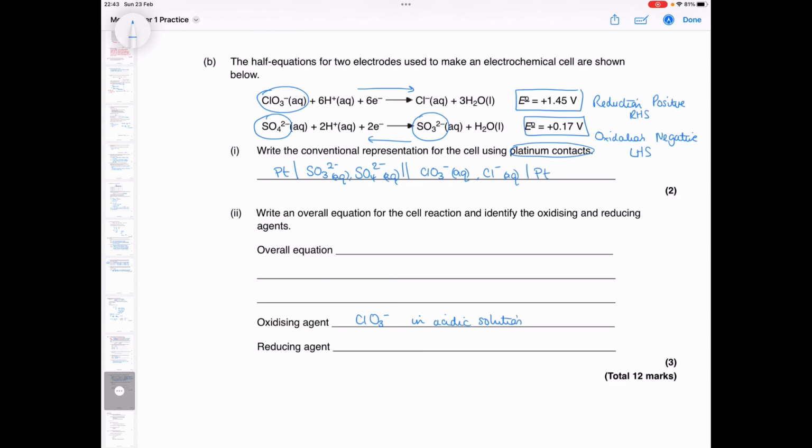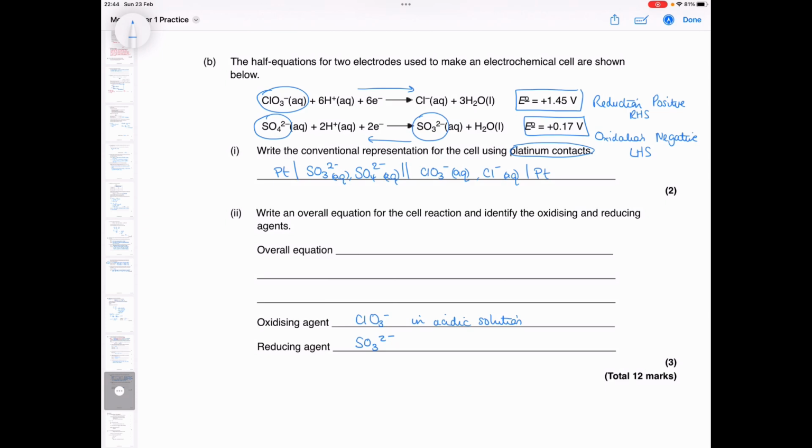In the absence of acidic solution, it definitely will have a different standard electrode potential and different products. So I would always express the species, and then if it's in acid, I would mention that too. The reducing agent is on the right hand side of the equation that has the more negative electrode potential, and so in this case that is the SO3 2-. That would be the reducing agent.